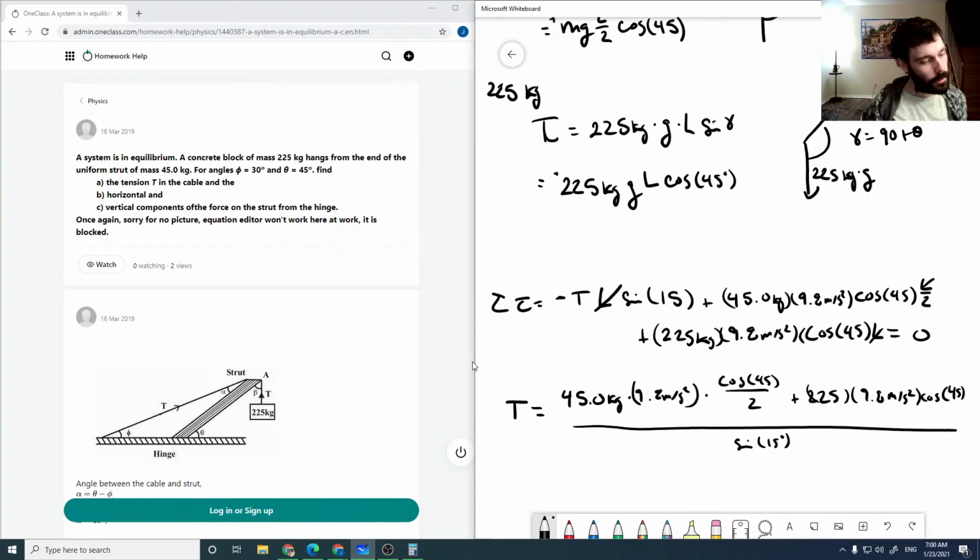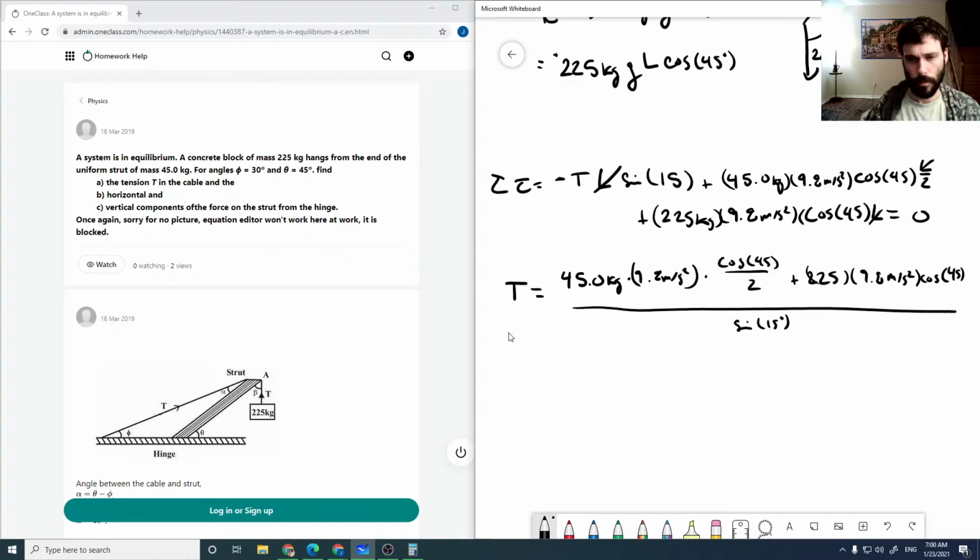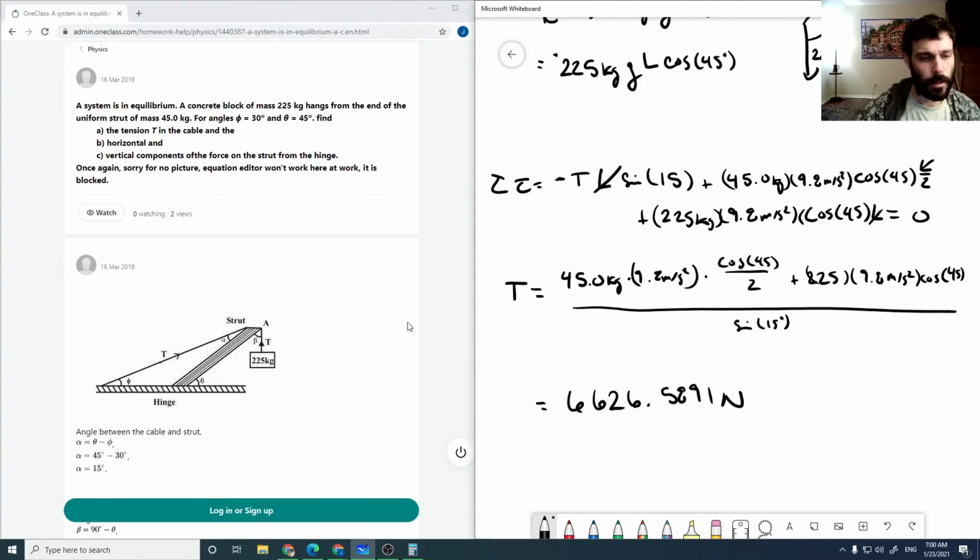So running this through our calculator, we get 6,626.5891 newtons. I'm just using a fairly large number of significant figures there to make sure I don't miss anything.